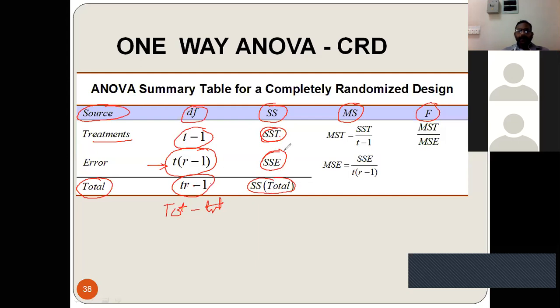The error sums of square comes from the total sums of square, SS total, minus the sums of square of treatment, right? Clear? Is it clear?